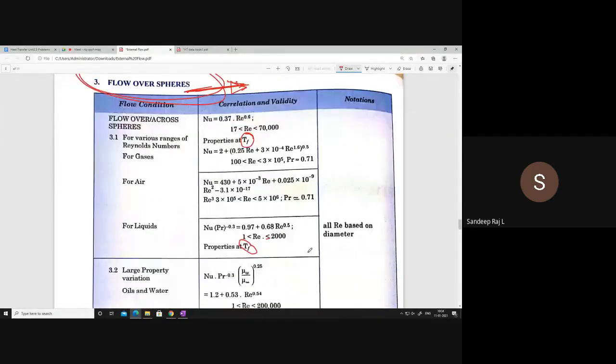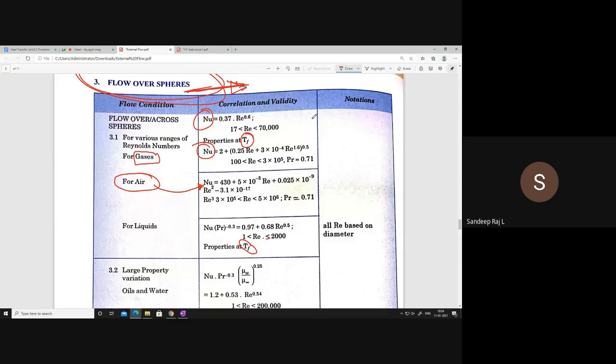Now here in our case, he has given air. So you can take this one. For air, the Nu formula is given here as Nu equals 430 plus this thing. You can use this, or even these two also, because air is also a gas.